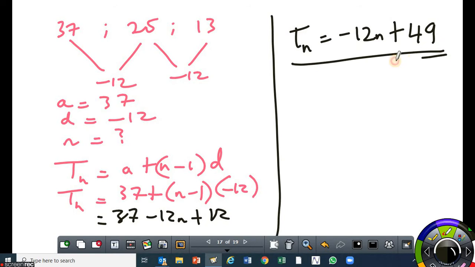And that's your nth term. That's the nth term. So I'm done. Any question before I move on to the next page?